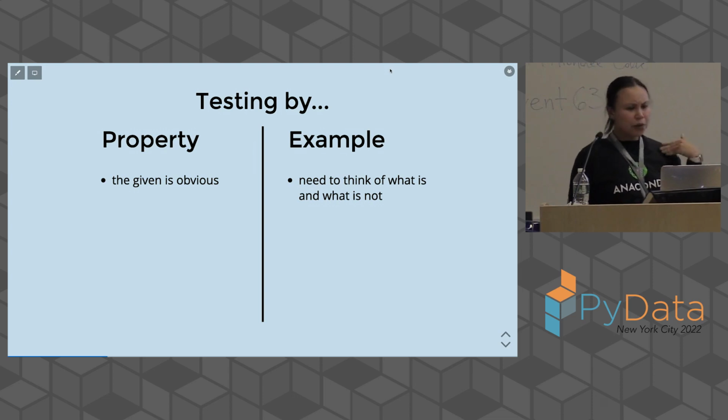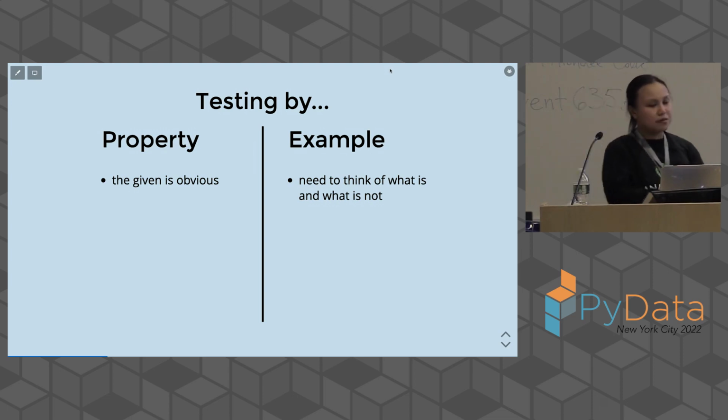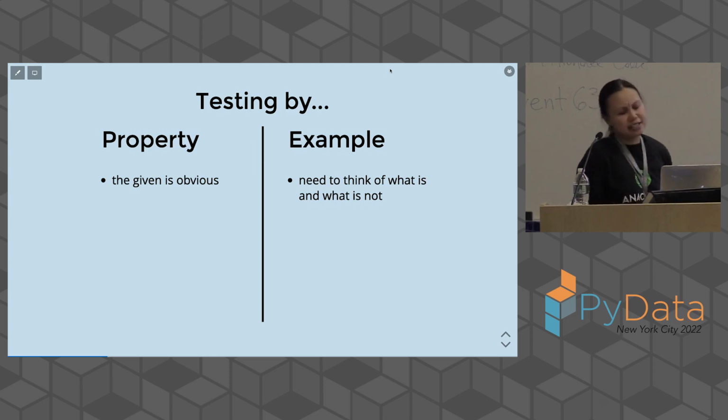When you think of what to test, you have to think of test cases, right? We also have to provide examples for the test. We have to imagine what that variable could be, what the input of the function could be, so we have to provide examples. The other thing is property-based testing, where we don't have to think of what it could be, it's what it is.